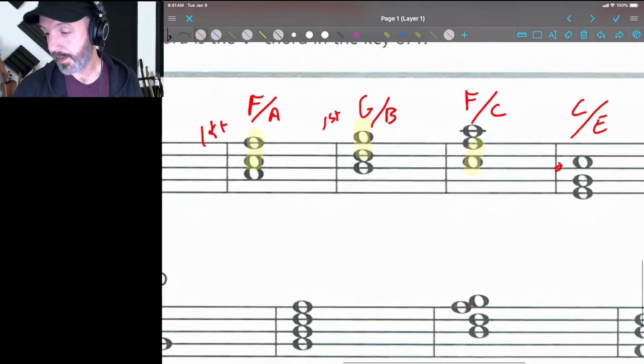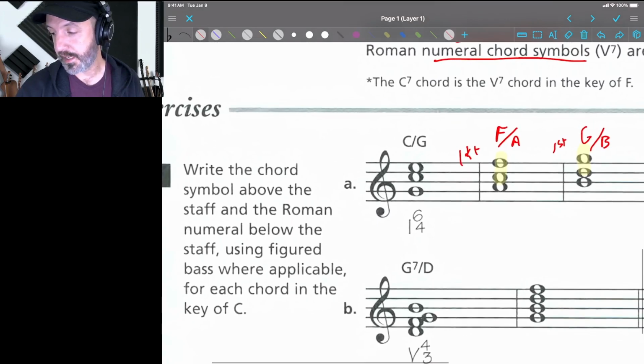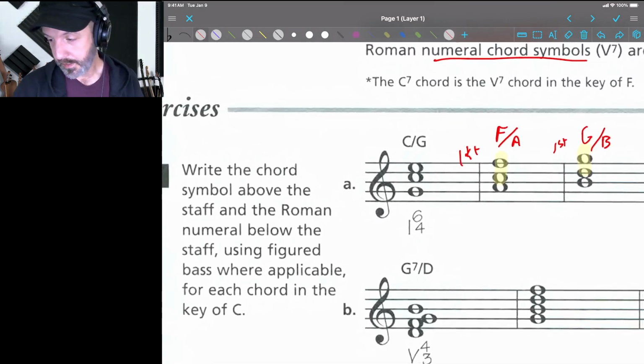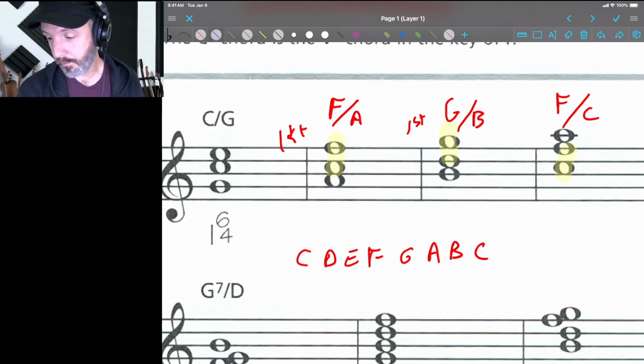Now here's where it gets a little tricky. We know we're in the key of C. So if we write out our C scale, C, D, E, F, G, A, B, C. There's your 1. I'm going to do Roman numerals to get us into that 4 chord, 5 chord.